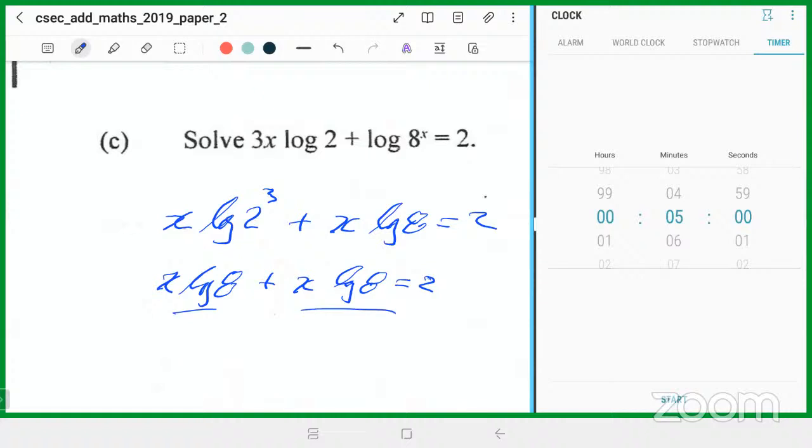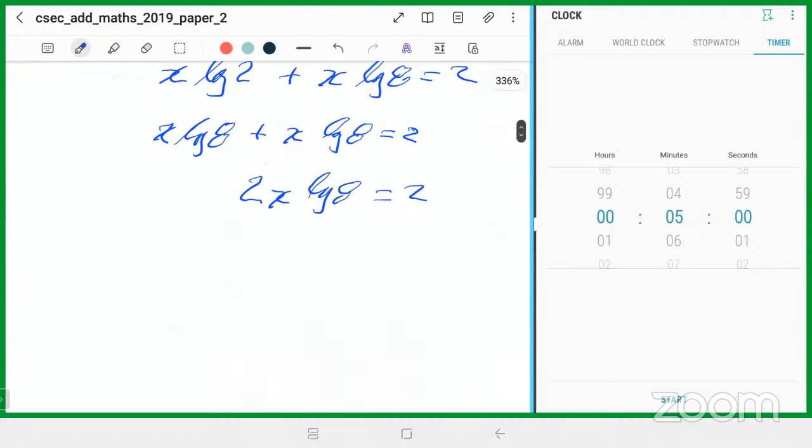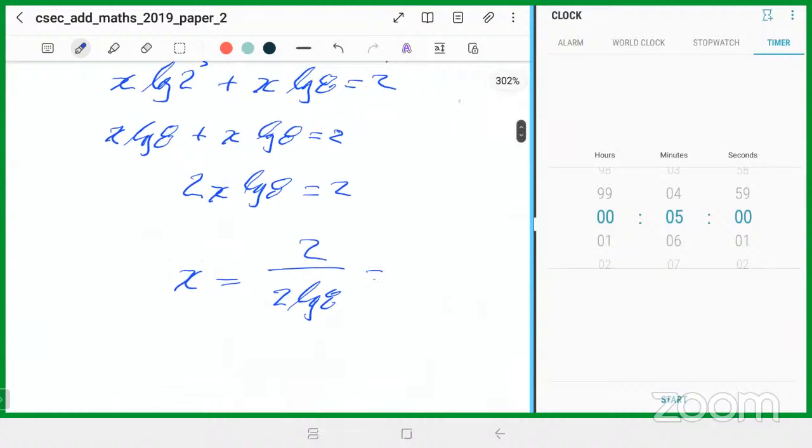But this is two of these things adding together, so it's 2 times x log of 8 equals 2. To leave x as the subject, we divide by 2 times the log of 8. So x equals 2 over 2 log of 8. The 2's cancel, so we get 1 over log of 8.